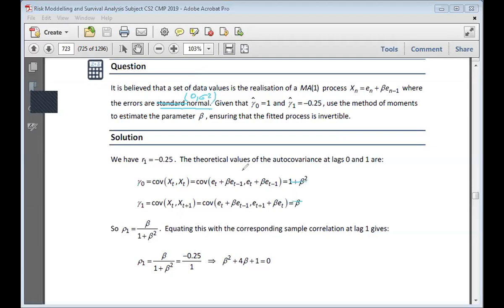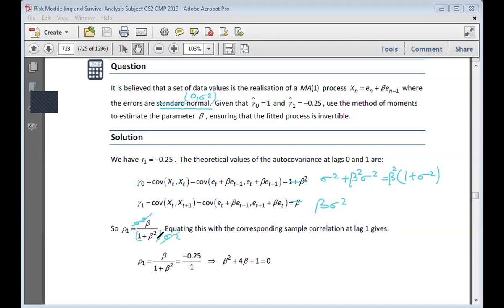My gamma 0 will be sigma square plus beta square sigma square, which is this, right? And here I would have beta sigma square. Now if I have to figure out my value for rho 1, what will it be? It will just have some sigma square here and sigma square there, which would cancel out.